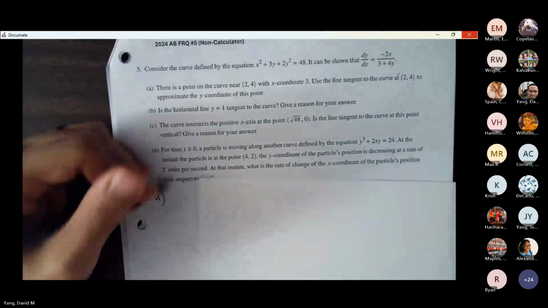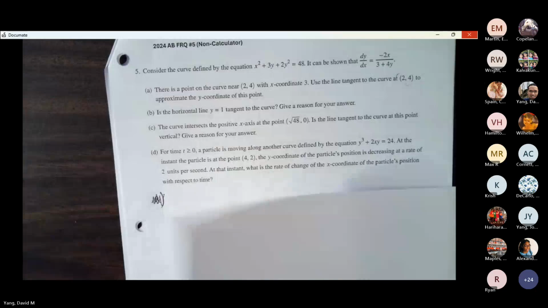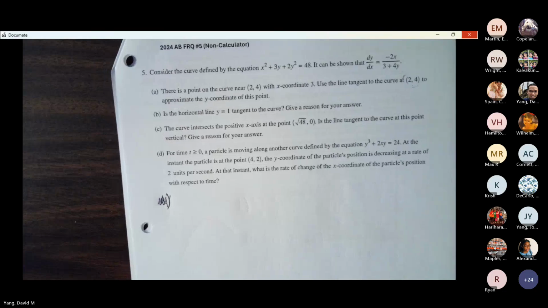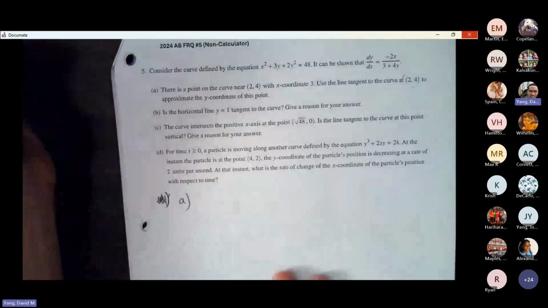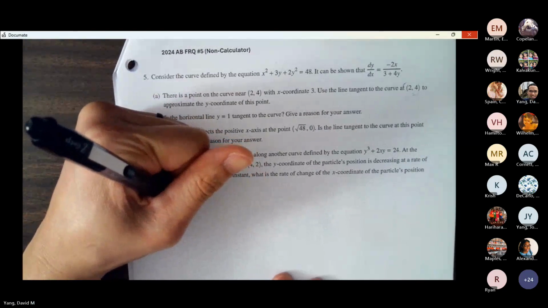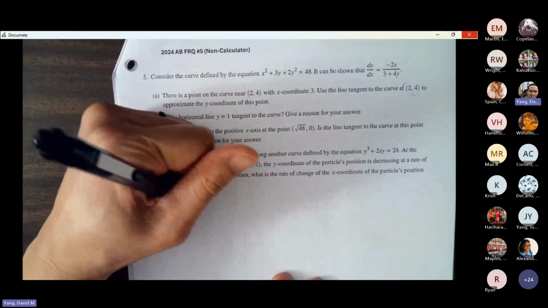Okay, here. Actually, I'll put it in here. Okay, linear approximation. So we're going to find the tangent line equation first.